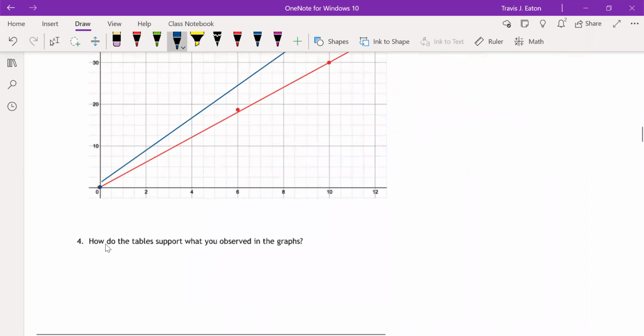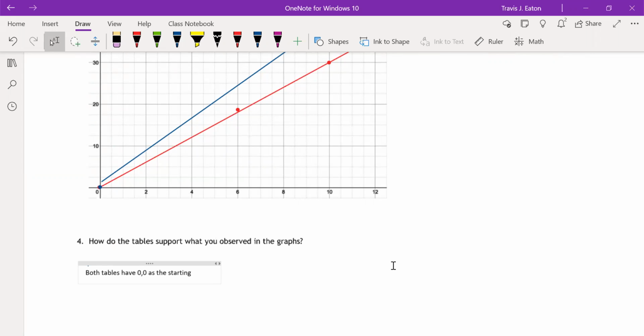Now it says, how do the tables support what you observed in the graph? I should type this. How do the tables support what we observed in the graphs? Both tables have 0, 0 as the starting point where they cross the y-axis.